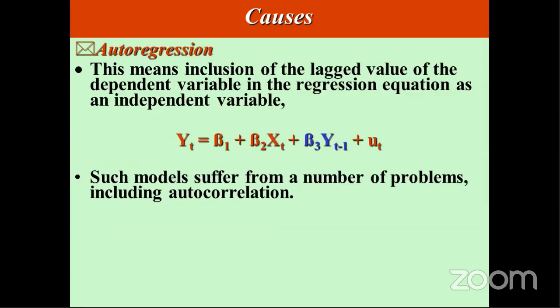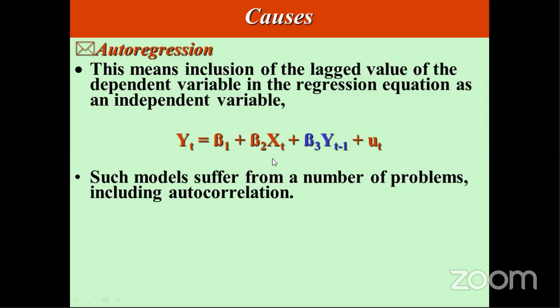Then autoregression. This autoregression is like a dynamic nature of econometrics, where the past values of the dependent variable appear as one of the independent variables.